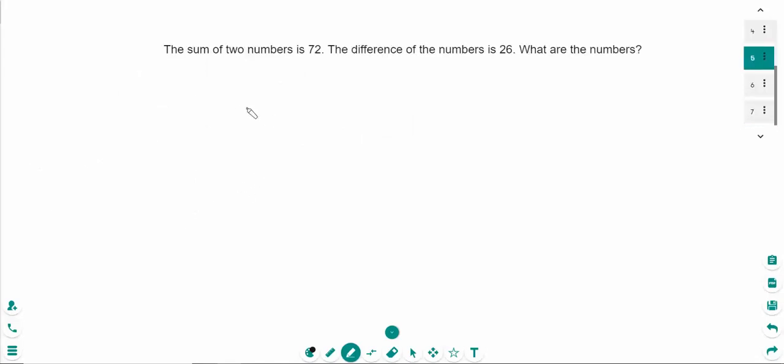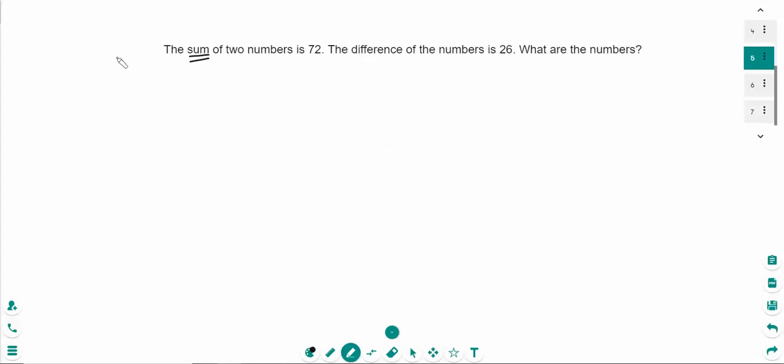Let's try this one. Go ahead and pause the video and try this one. All right, so it says the sum of two numbers is 72. So right away we see sum. There's addition going on, right? We have two numbers, they're being added together, and that's going to equal 72. The difference of the numbers is 26. What are the numbers?